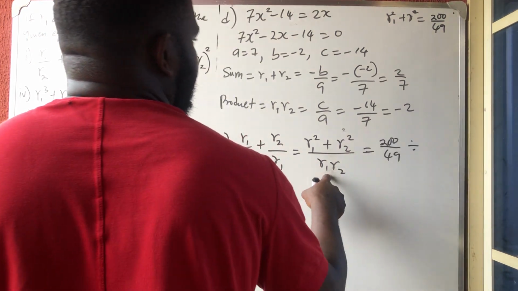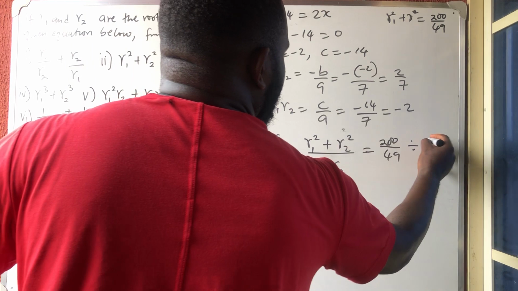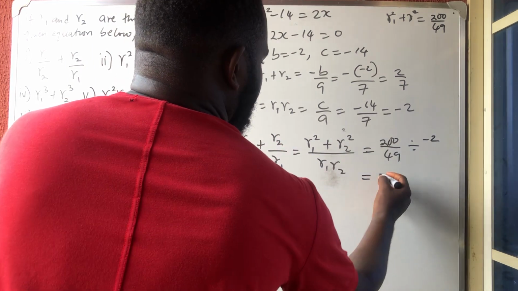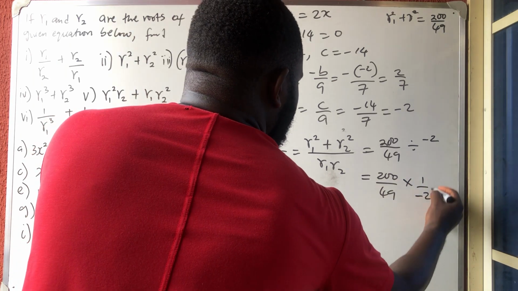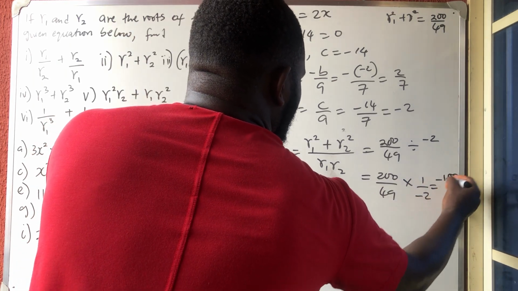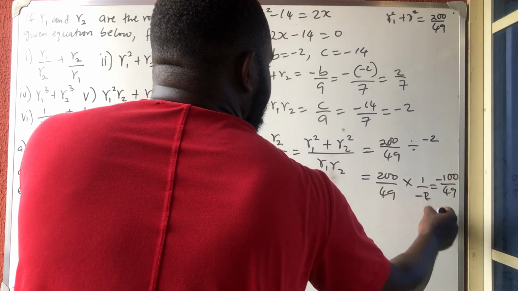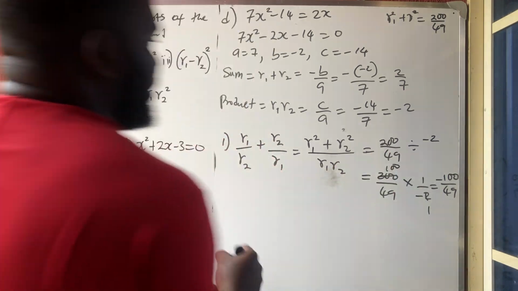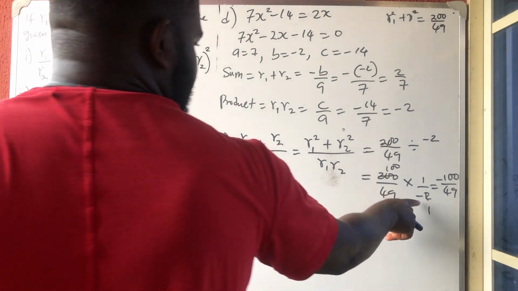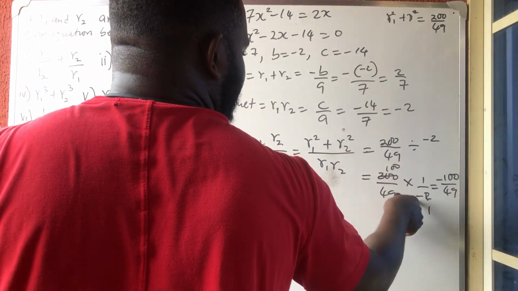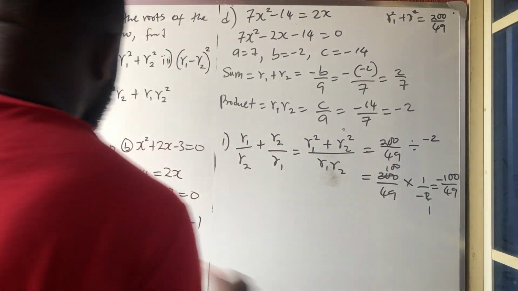Then divided by R1 R2, this gave me minus 2. So change divide, you have 200 over 49 times 1 over minus 2. So I'm having minus 100 over 49, because this divide 1, this divide 100. So minus 100 over 49. Somebody will say that the minus is at the denominator. Plus minus will still give you minus, which is the same thing.